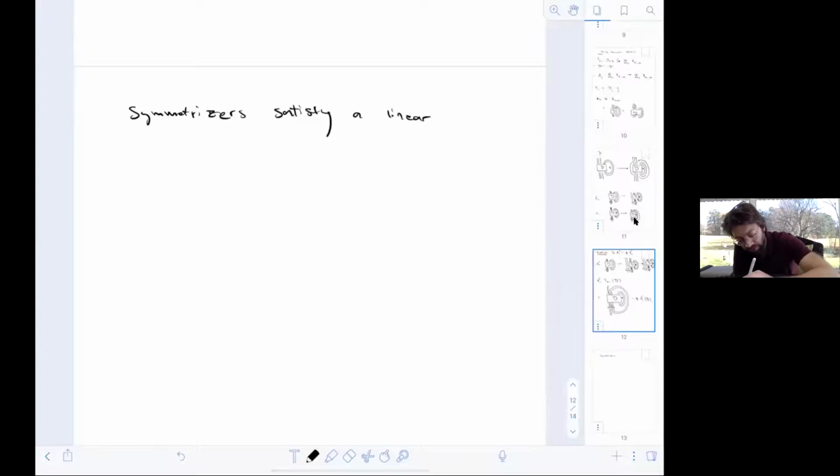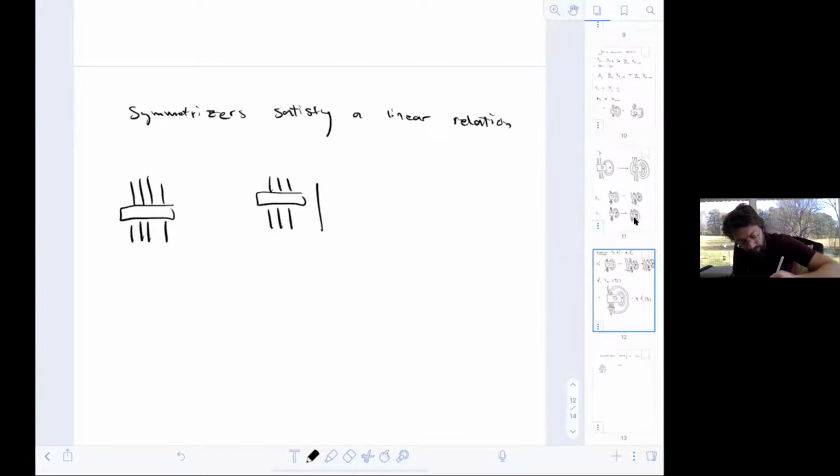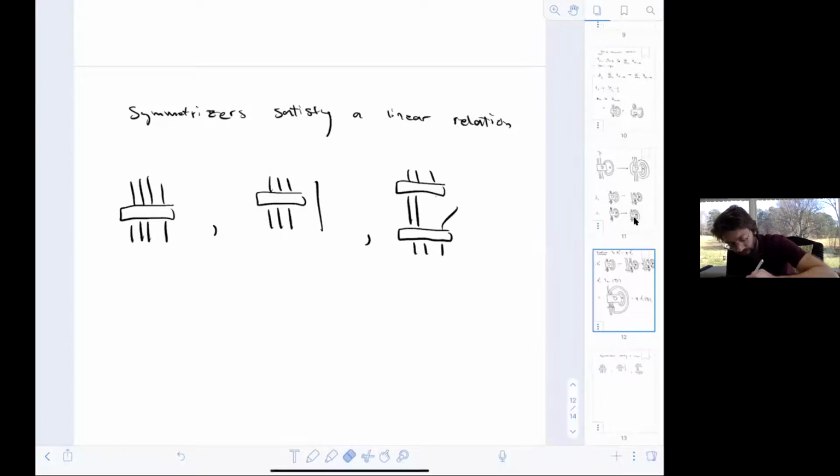So there's a linear relation, the details of which are not super important, between the symmetrizer on, say, n strands and the symmetrizer on n-1 strands, and a sort of sandwich where you have a crossing in the middle.